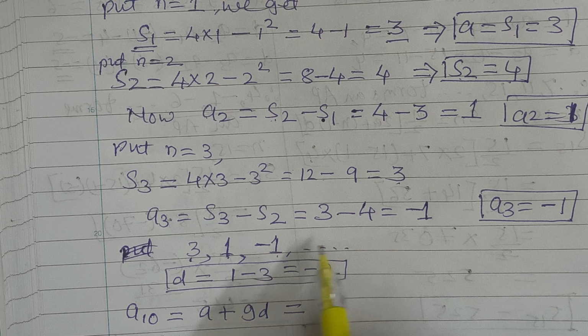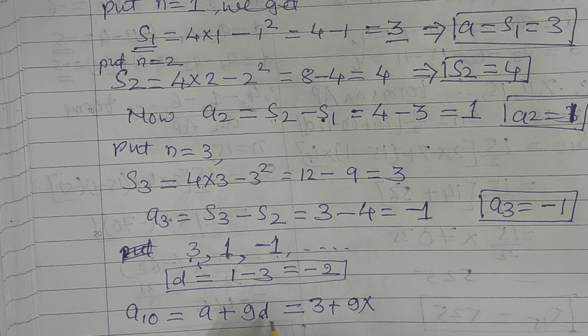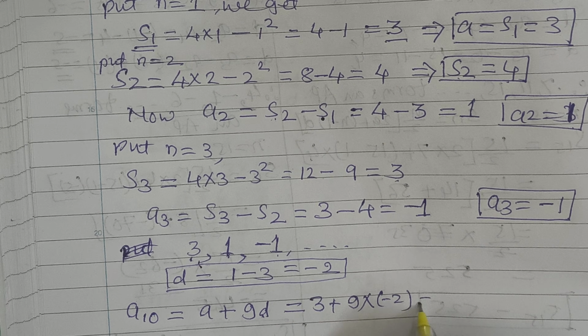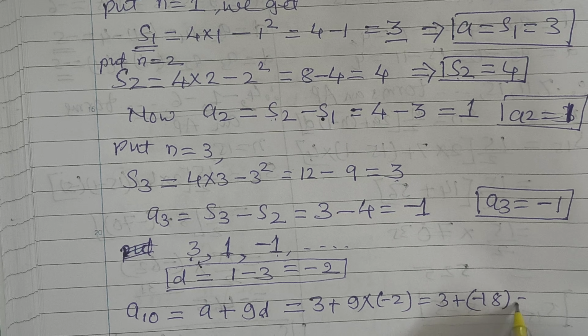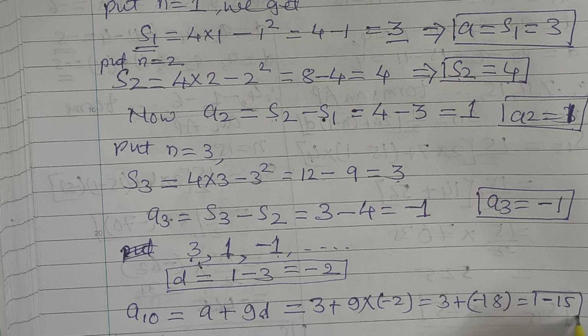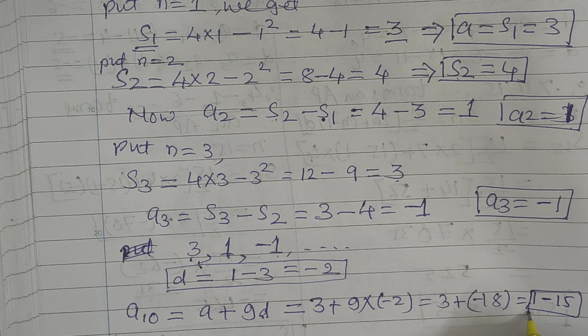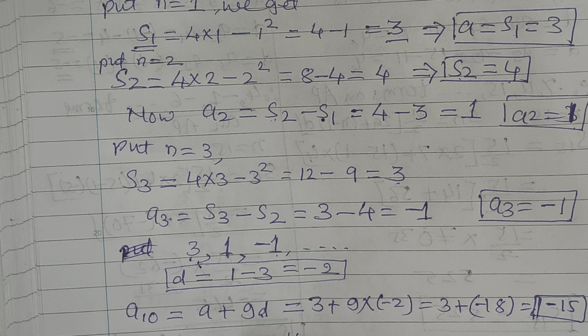A, first term, is 3 plus 9 into D is minus 2. That is 3 plus minus 18, that is minus 15. So we get A10 is equal to minus 15.